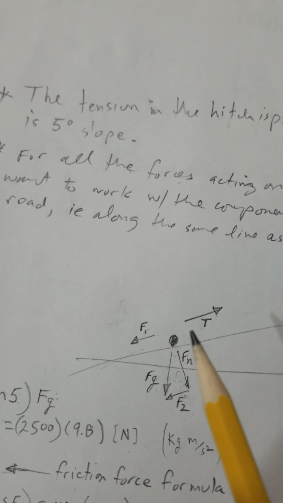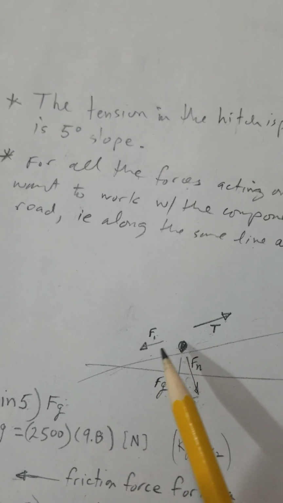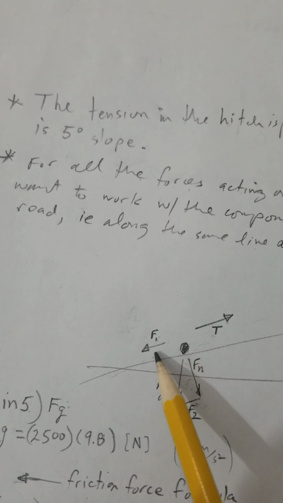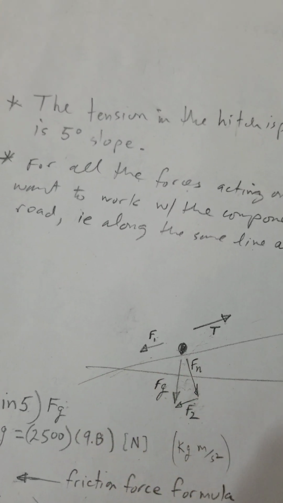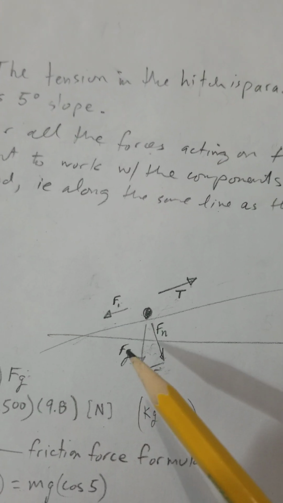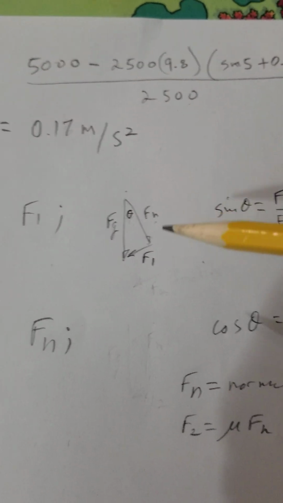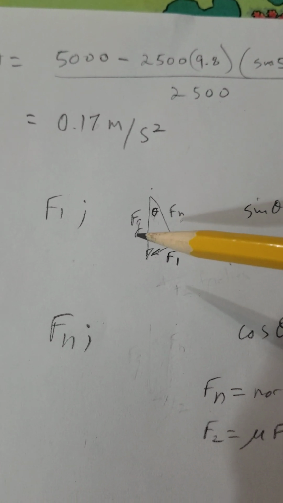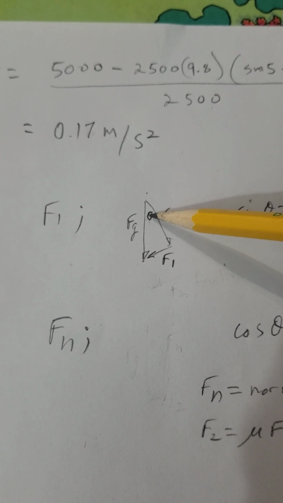One of the forces pulling this mass down the hill is the force due to gravity, but the component going down the hill. How do we calculate that? Well, we draw a little diagram here, and we're given this angle theta, 5 degrees.